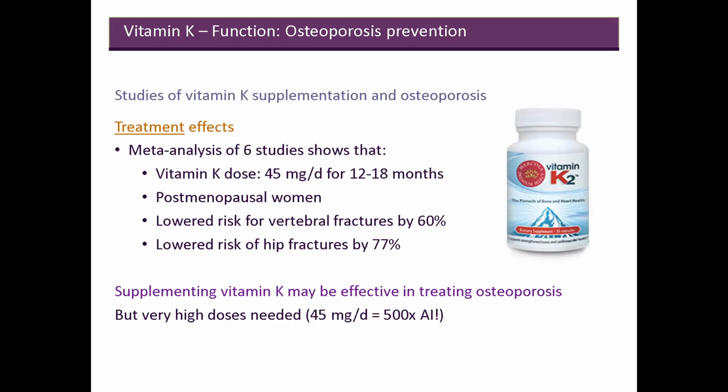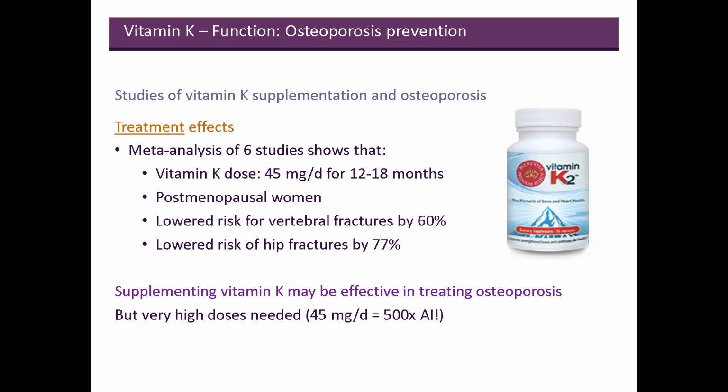So the third function of vitamin K is osteoporosis prevention. So we're going to go through the meta-analysis. This meta-analysis shows 6 studies that show that vitamin K at 45 milligrams per day for 12 to 18 months.